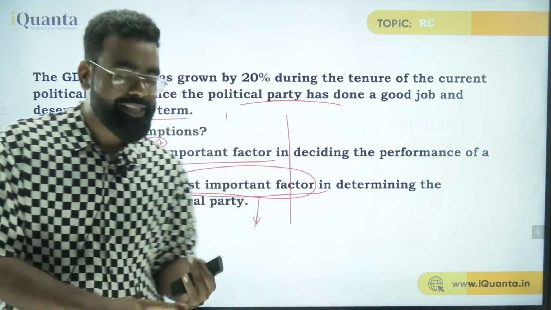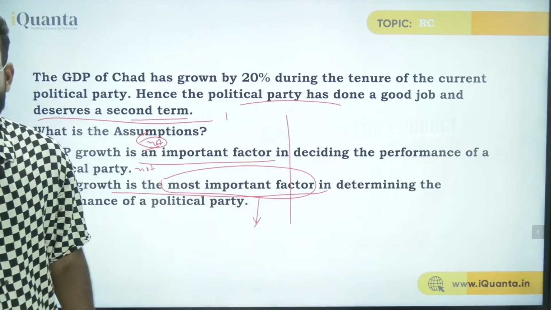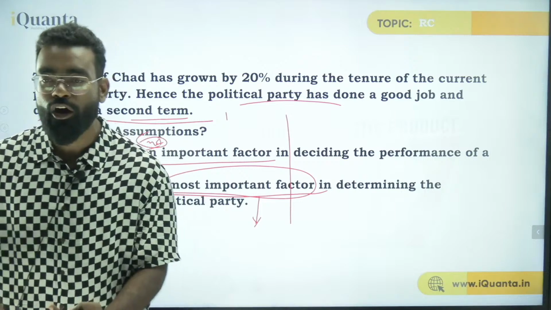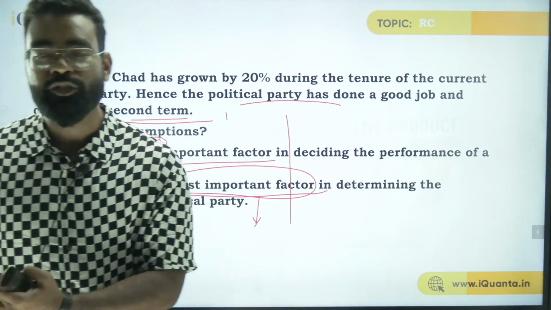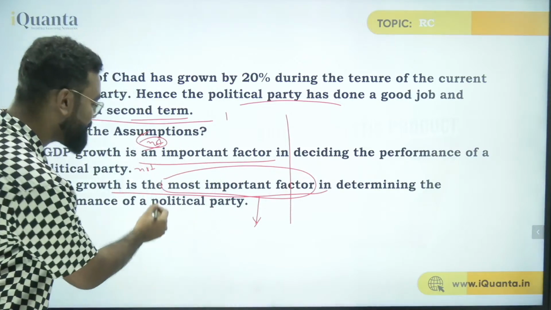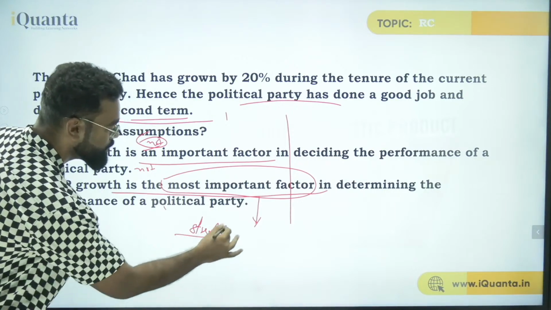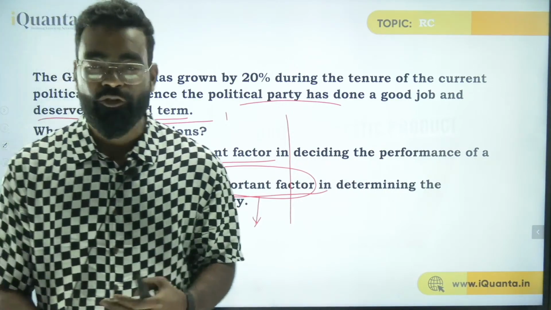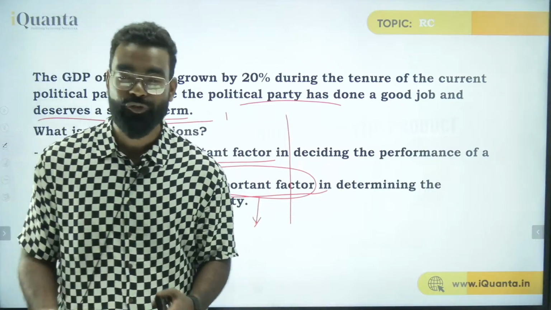So negation of this won't invalidate my conclusion. Whenever the negation of your assumption does not invalidate your conclusion, it is not a strong assumption. So this works more for strengthening, not as a direct assumption. Am I clear, all of you?